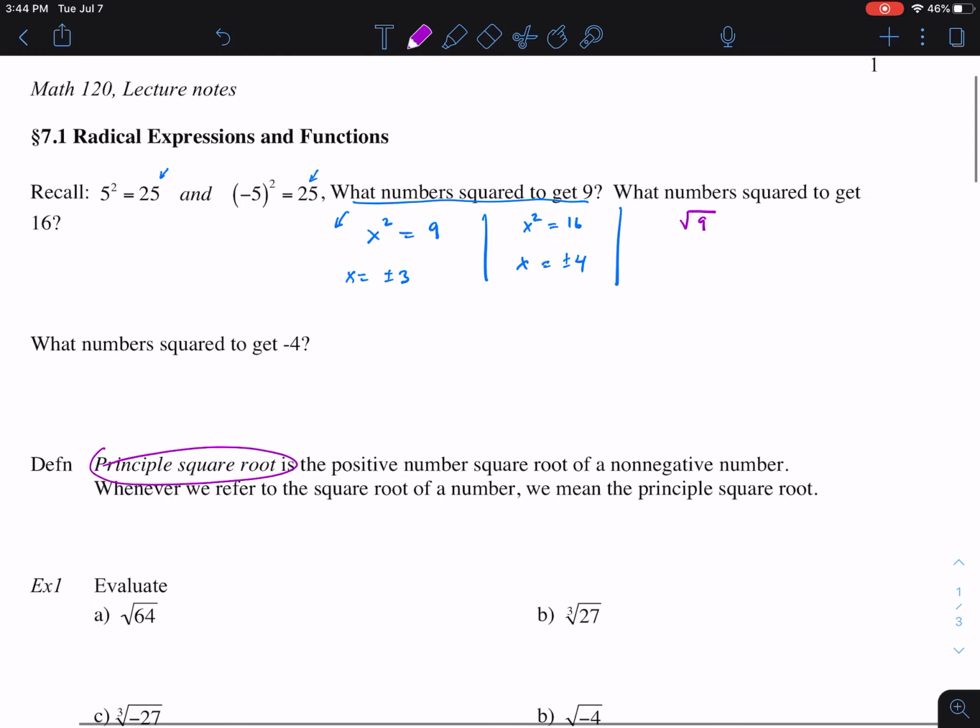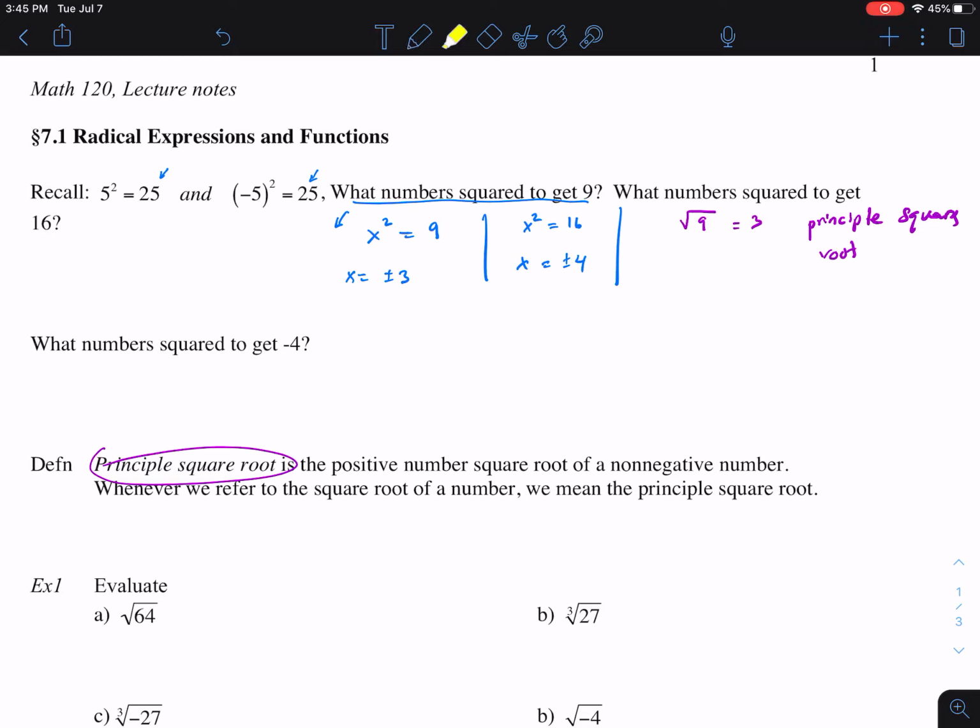Anytime you type something like this in the calculator, it understands that this is referring to the positive root. So this is equal to 3. So the notation itself indicates that we're looking for the positive square root, not the negative one, where you square it to get 9.